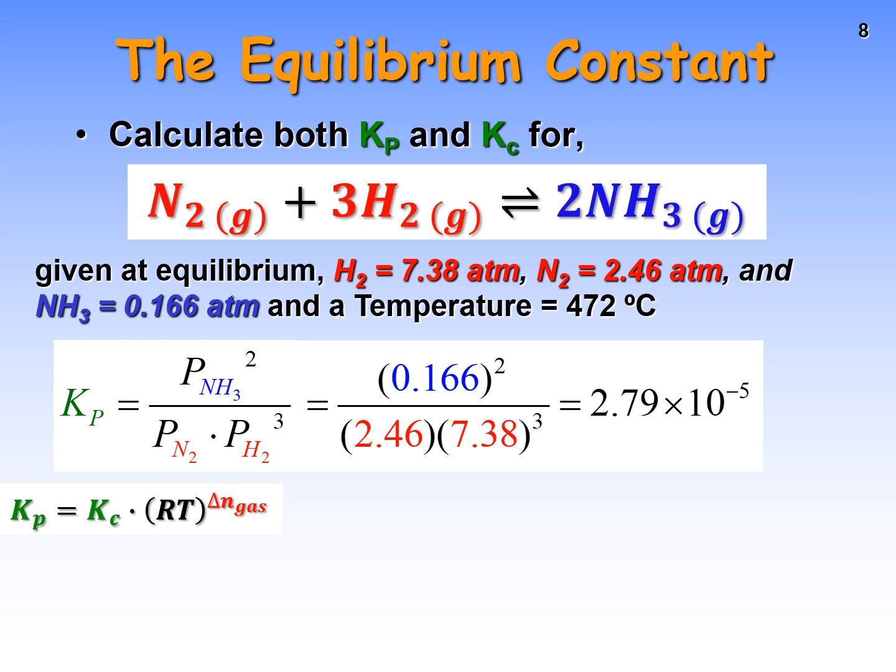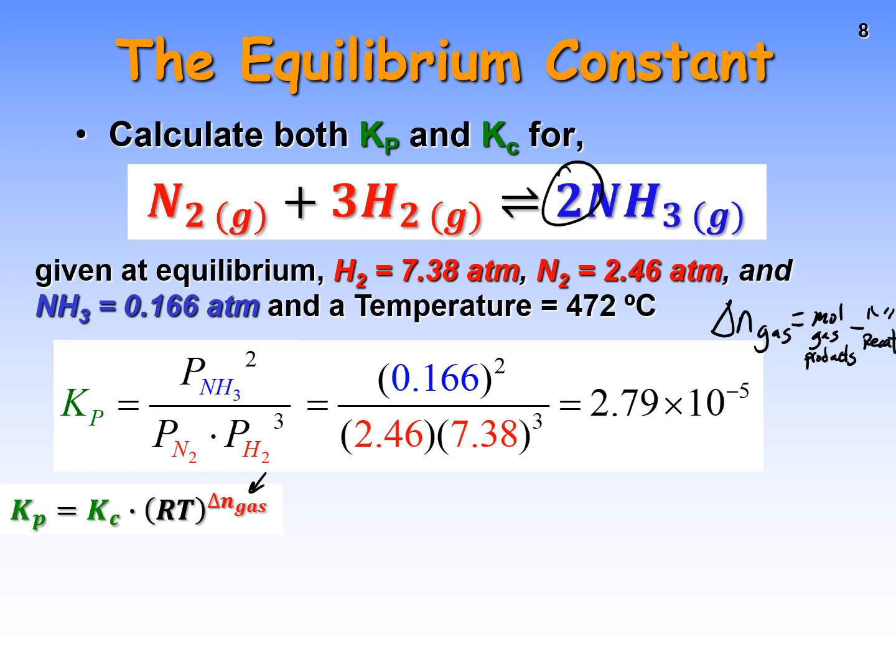This is the generic expression between Kp and Kc that allows us to use it for any individual reaction. Doesn't matter what it is, this will always work. Delta N gas here is really just equal to the moles of gas products minus the moles of gas reactants.